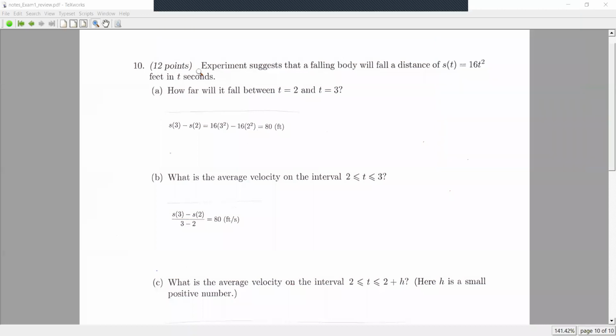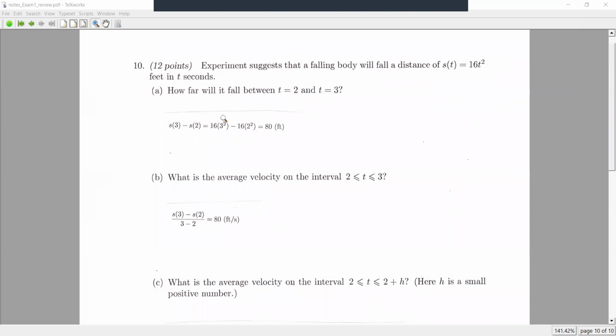Problem 10. Experiment suggests that a falling body will fall a distance of 16 times t squared feet in t seconds. This is the position function of the falling body. Part A. How far will the body fall between 2 and 3?